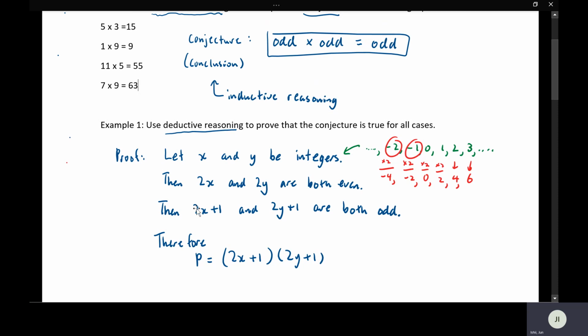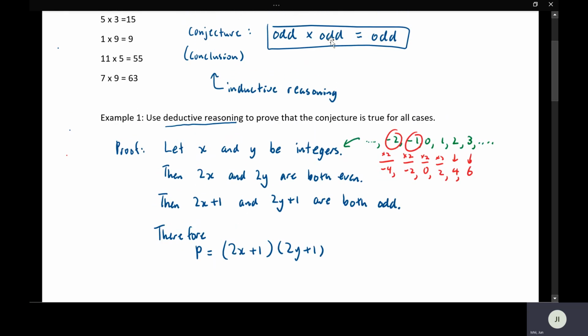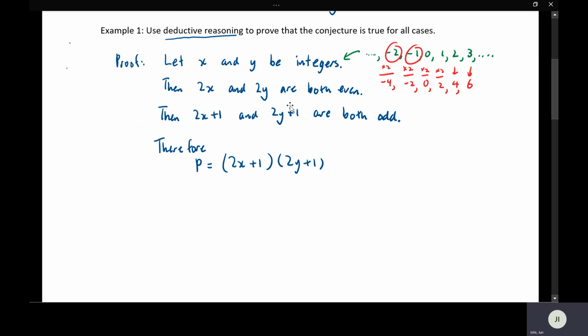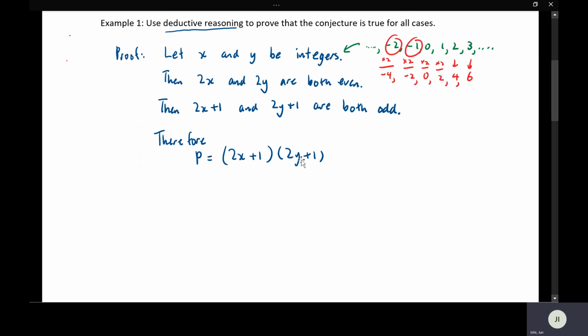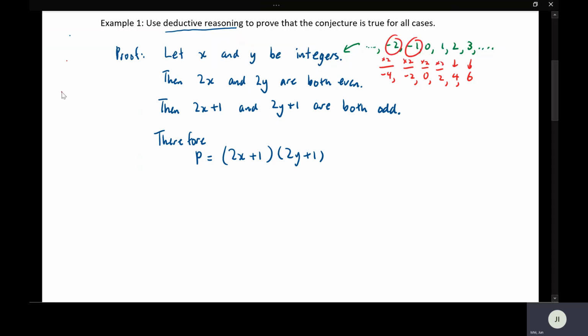So again, first step here is just to create our expressions for 2 odd numbers. And then I'm going to multiply the 2 odd numbers together, because that's what I want to prove. So 2x plus 1, 2y plus 1, I'm going to multiply those together. Hopefully this makes sense so far. Going back to your previous math classes, hopefully you learned how to expand out the brackets, or in other words, FOIL.